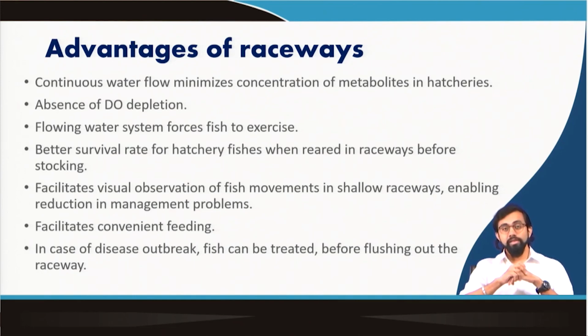So there is a better survival rate for the hatchery fishes when reared in raceways before stocking, because they have already gathered enough biomass, which is good enough for them to survive for the rest of their life.